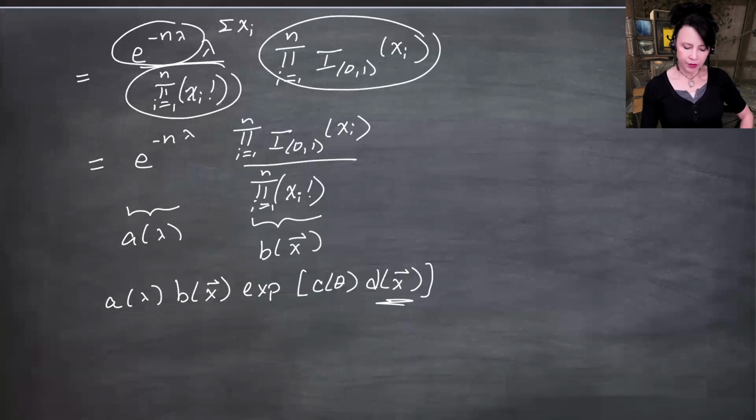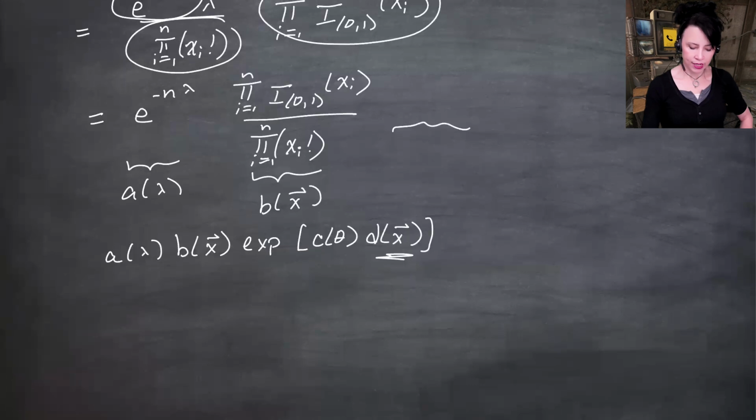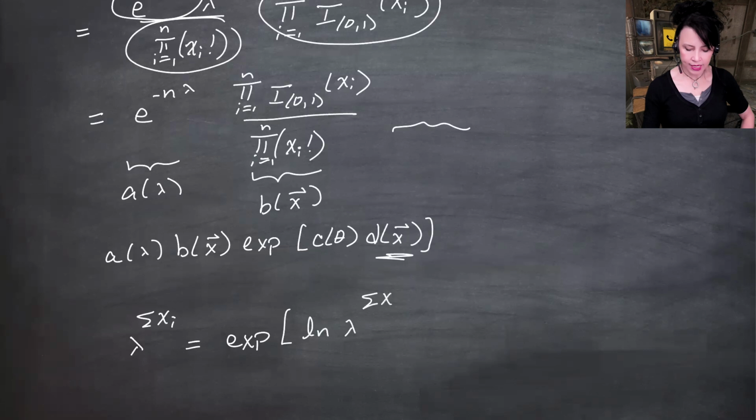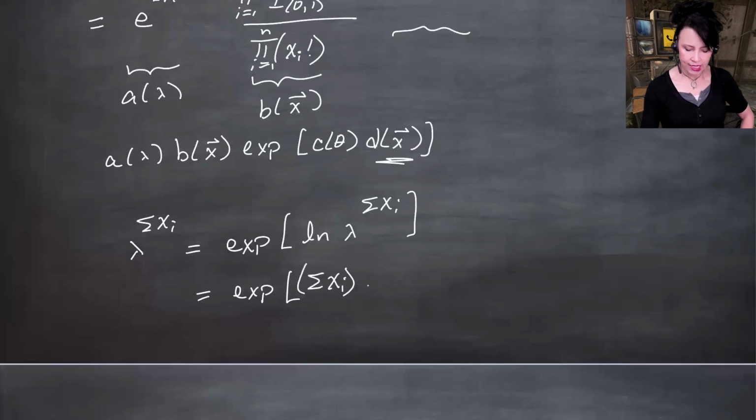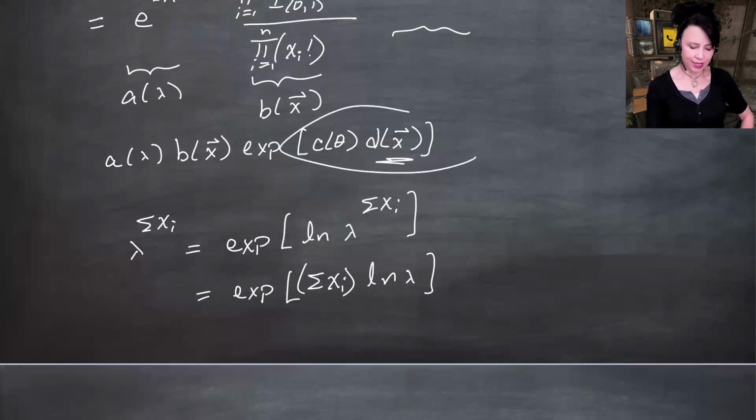Now, the remaining part I'm going to do on the side before I write it here. We have lambda to the sum of the x's, and we can write this as e to the log of lambda to the sum of the x's. And the exponents on logs can come down in front, so we get the sum of the x's times the log of lambda. And not that we have to get right into this form.